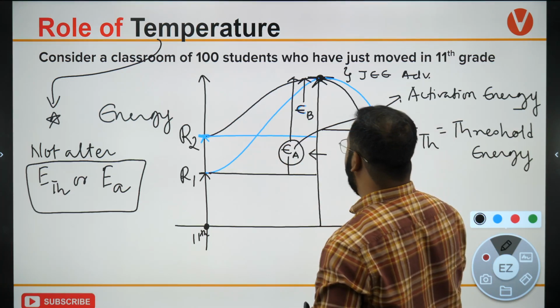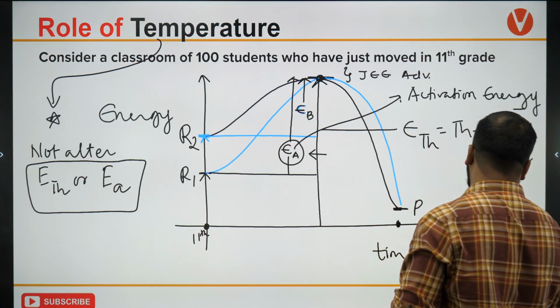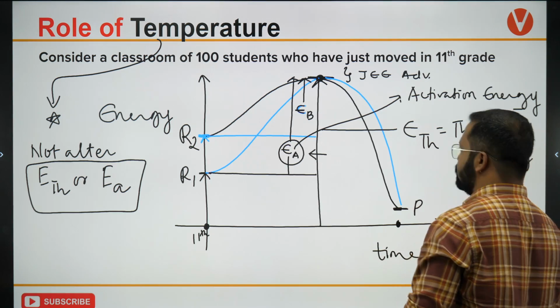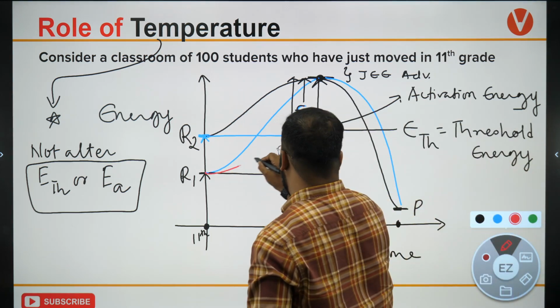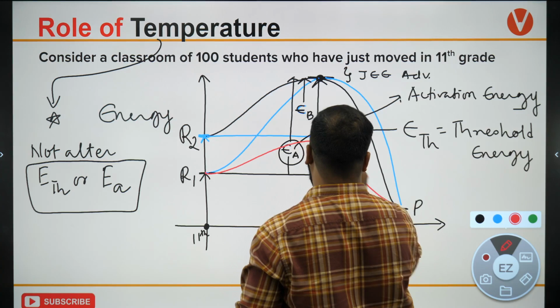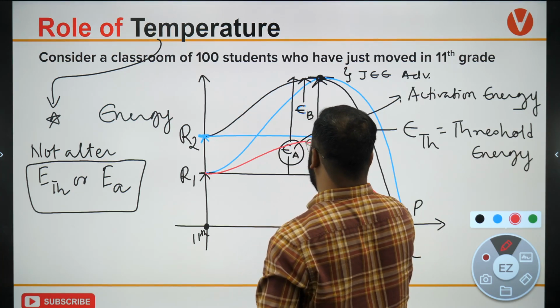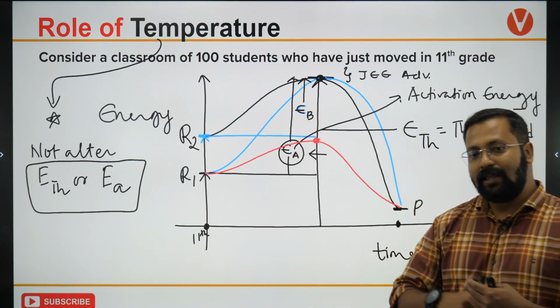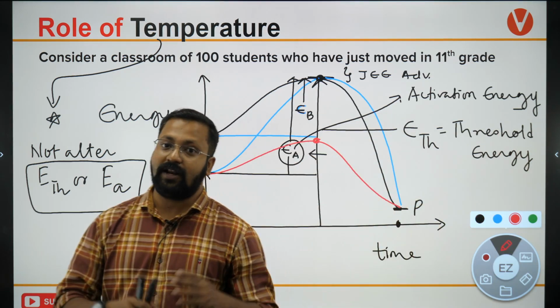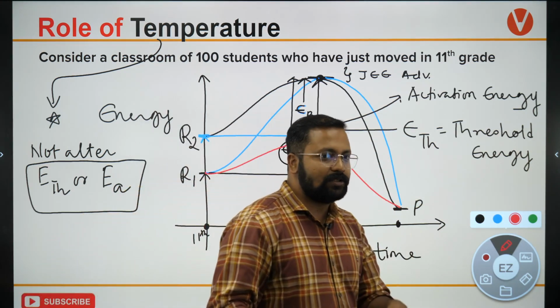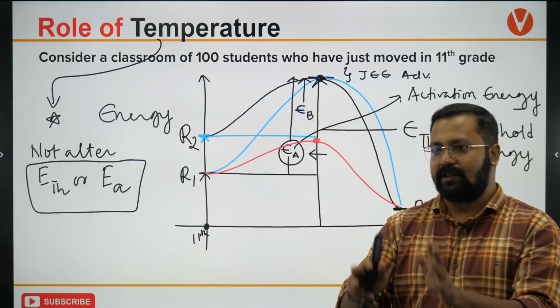So he provided you with an alternate pathway whose threshold energy is less. When they provide you with an alternate pathway with threshold energy less, that means they are playing the role of a positive catalyst.